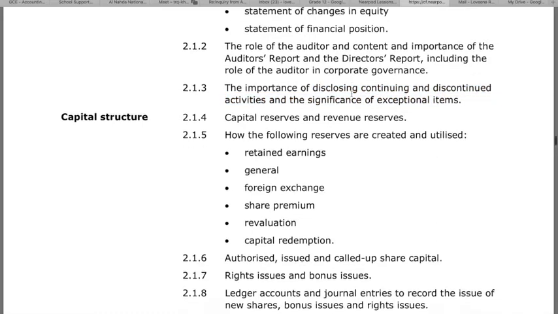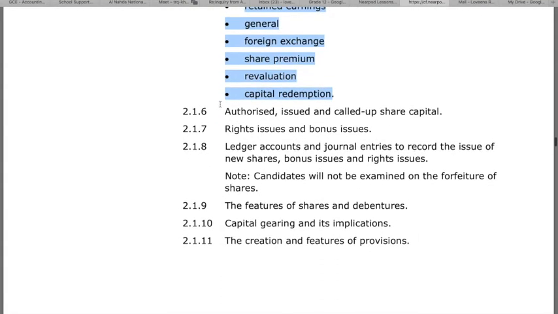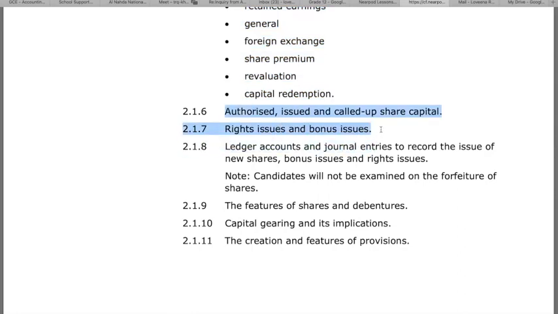This is not practical. Capital structure. This is completely new. This is basically looking into the reserves. Remember when we were doing it in IGCSE, we only had this general reserve, and you transferred from the profit to the general reserve. Then you have authorized, issued, called up share capital. This we've done in IGCSE, but we did not do rights issue and bonus issues.